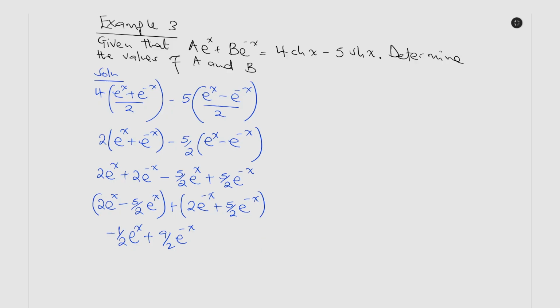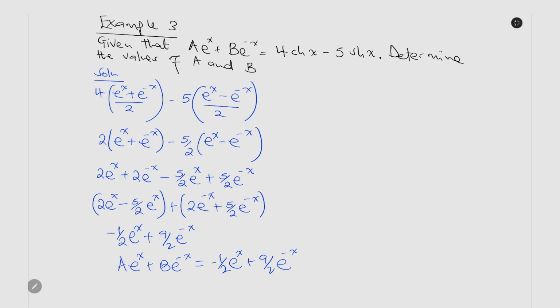So, in the question, it was a e to power x, let me just write that now. So it means that I will have a e^x plus b e^(-x) being equal to negative a half e^x plus 9 over 2 e^(-x).